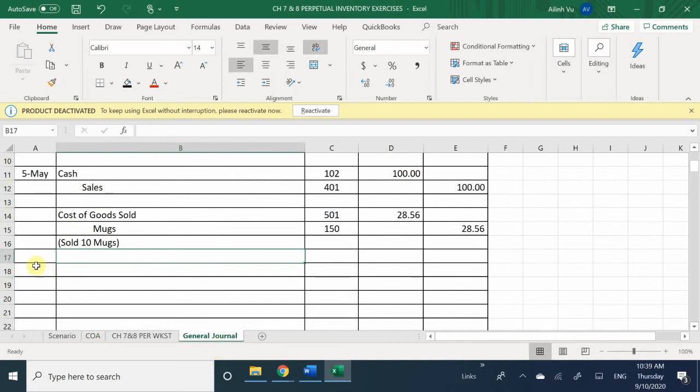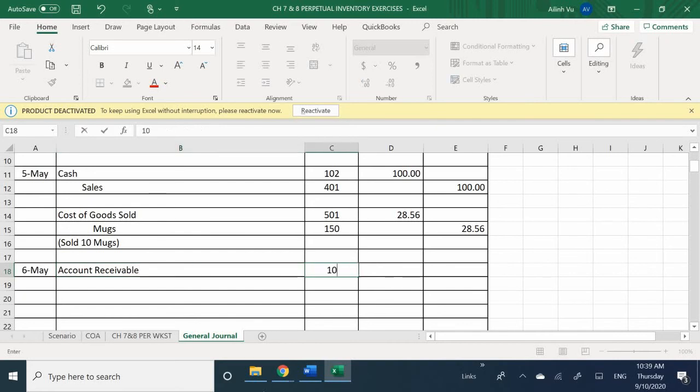So on May 6th, we sold our items on account. And that was 103. And we already have our indicator here because we made a sale. So therefore, it's sales.